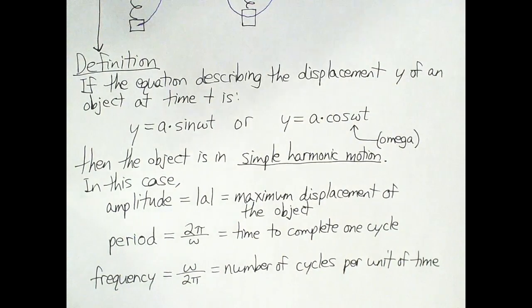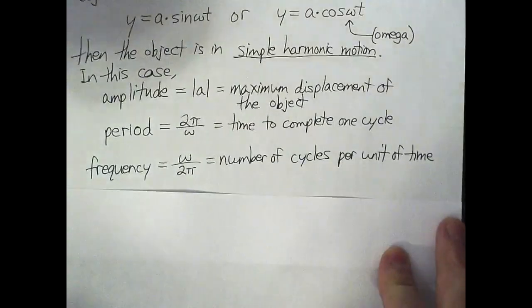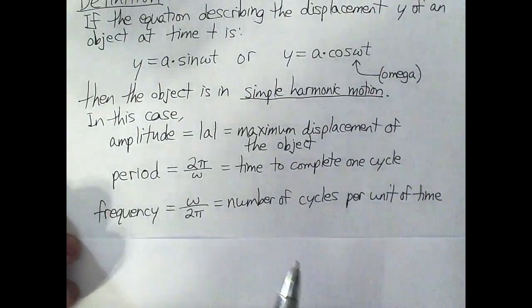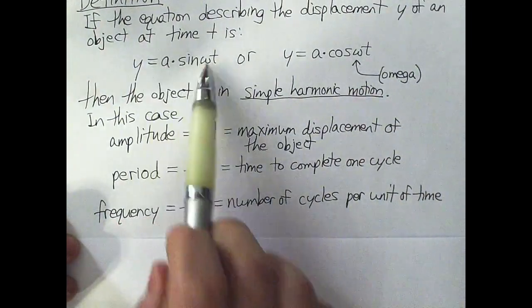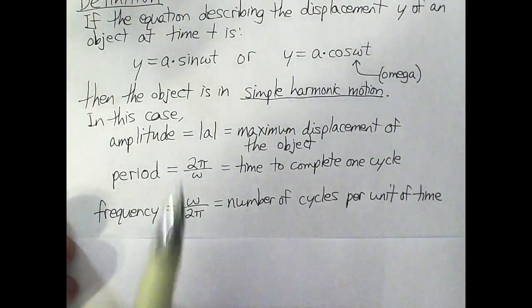Let's get a new sheet of paper. I guess I didn't really say this, but maybe I should address it now. A and omega have to be non-zero constants, right?